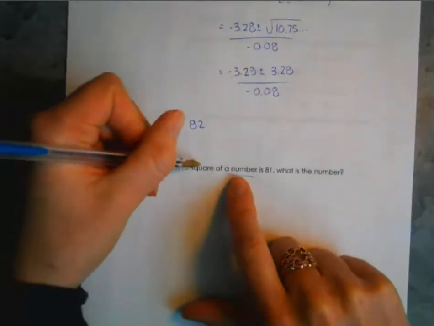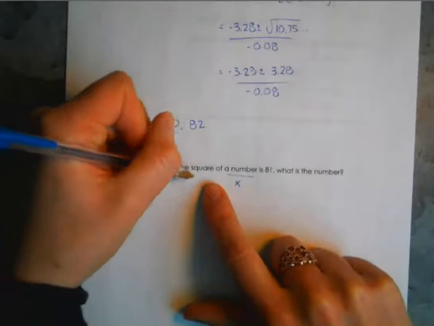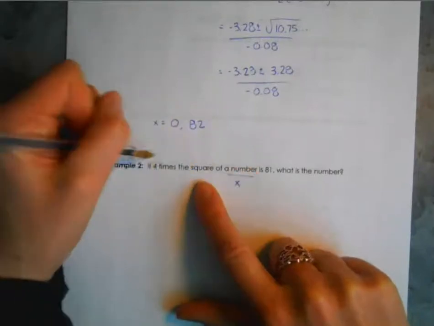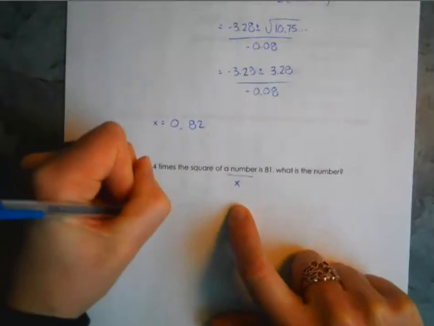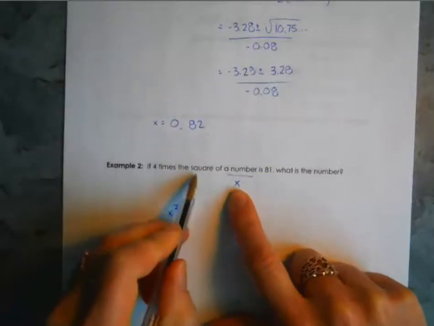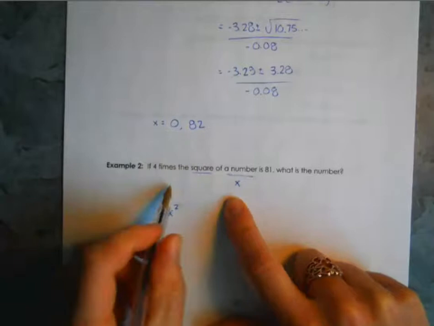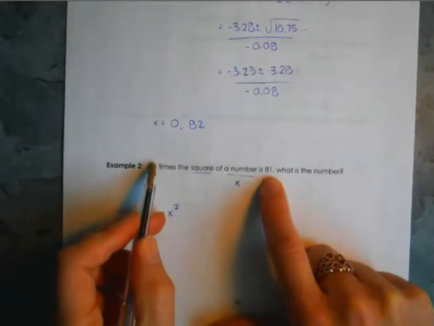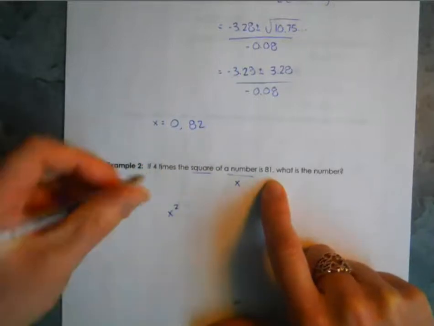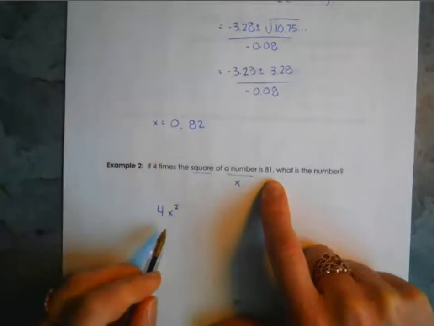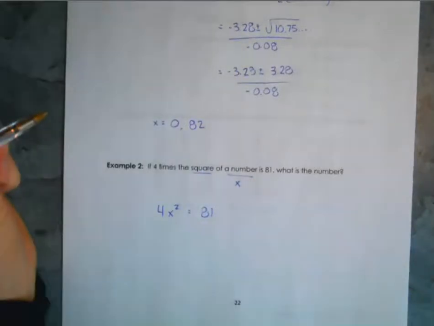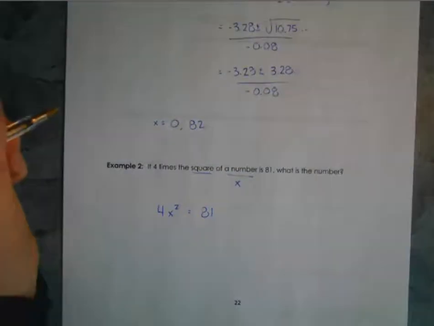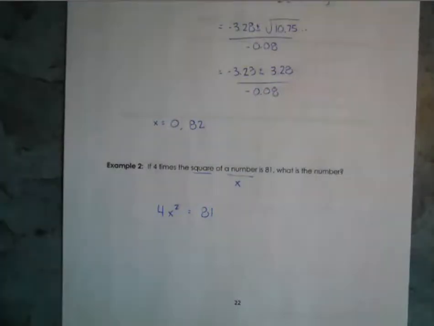And so basically what we have is, if you have this number squared, 4 times that will be 81. So basically we have x is going to be squared, so the square of a number, and 81 is 4 times that value. So basically 4 times x squared is going to be equal to 81. This is kind of a skill that's hard to teach.